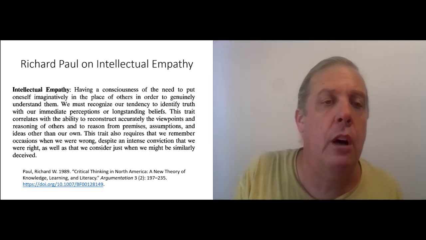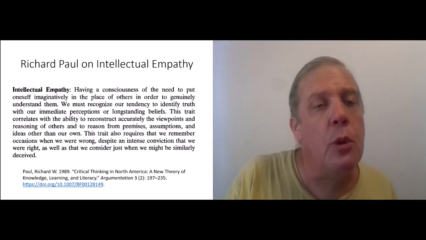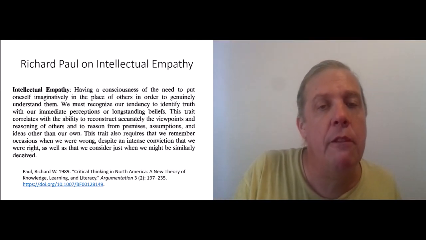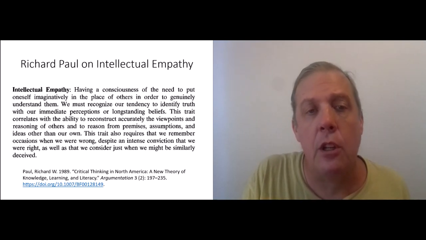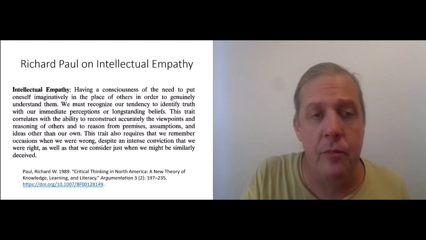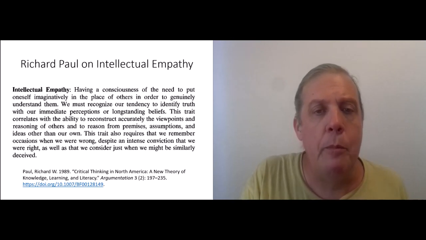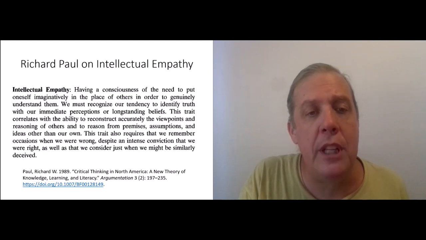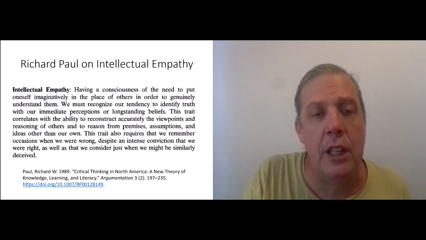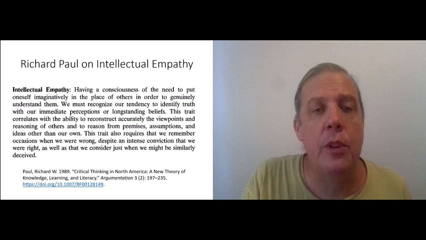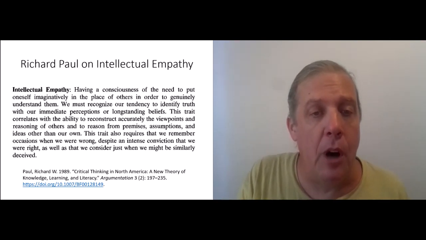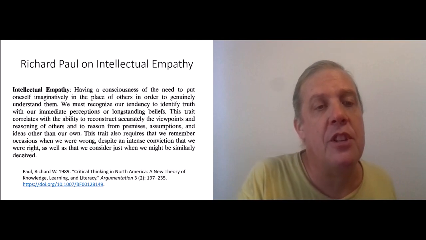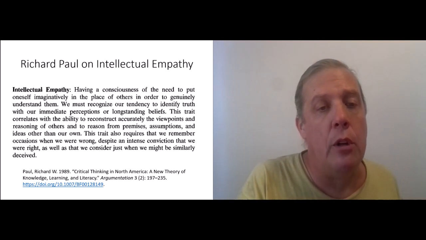So I'll read this out loud. Intellectual empathy, having a consciousness of the need to put oneself imaginatively in the place of others in order to genuinely understand them. That's good. We must recognize our tendency to identify truth with our immediate perceptions or long-standing beliefs. This trait correlates with the ability to reconstruct accurately the viewpoints of others and to reason from premises, assumptions, and ideas other than our own.